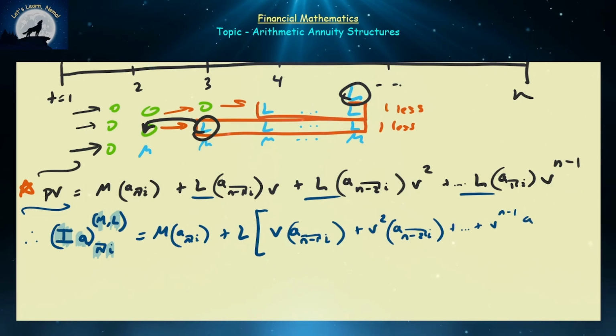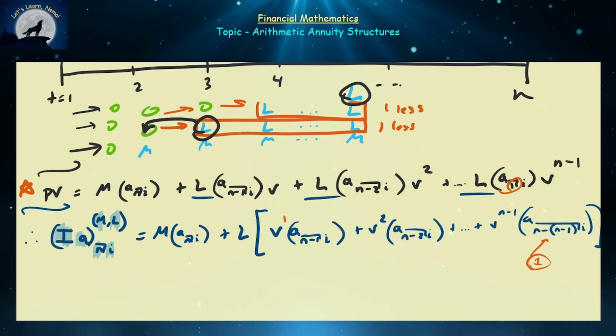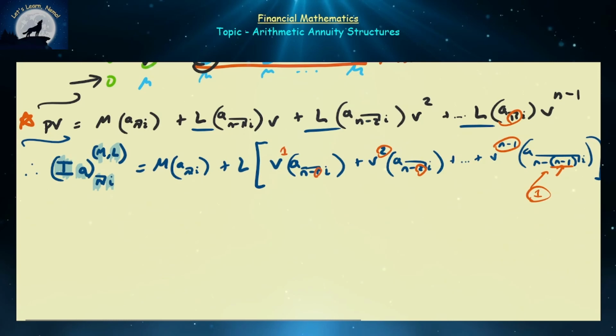And how would you want to write this? Probably a_{n-(n-1)|i} would be a nice way to write it, but you should be able to verify that that is just 1. The reason I'm writing it that way is because notice that the exponents on ν, the discount factor, match that thing that I am subtracting off of n under the subscript. So notice that that's n minus 1, and that's n minus 1 too. So this sets it up perfectly for a finite series representation.